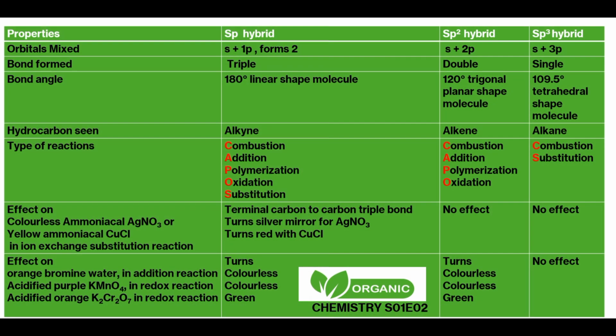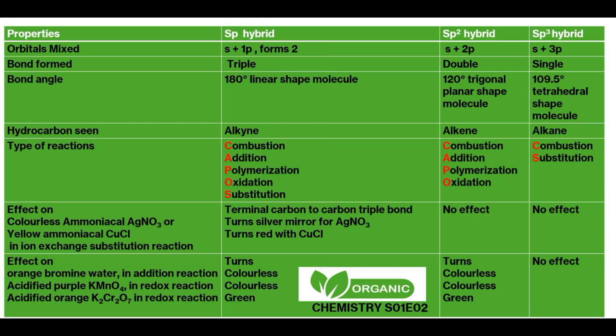So the remaining 6 sp3 orbitals can be used to bond with any other atom including carbon atoms. Therefore, sp hybrid forms a triple bond and the bond angle is 180 degrees. Linear shape, with 2 pi bonds. Primarily seen in alkynes, with general molecular formula CnH2n-2. sp2 hybrid forms a double bond and the bond angle is 120 degrees. Trigonal planar shape, with 1 pi bond.